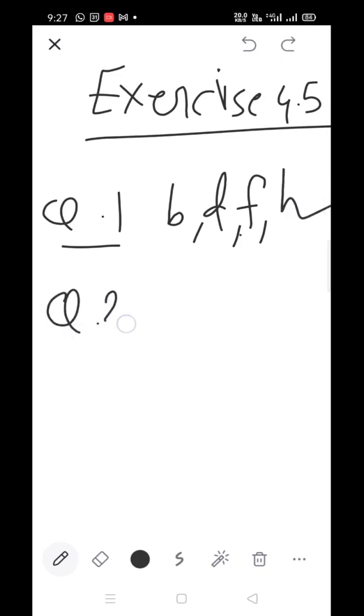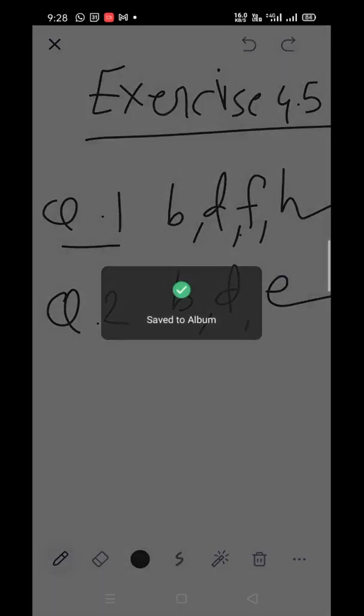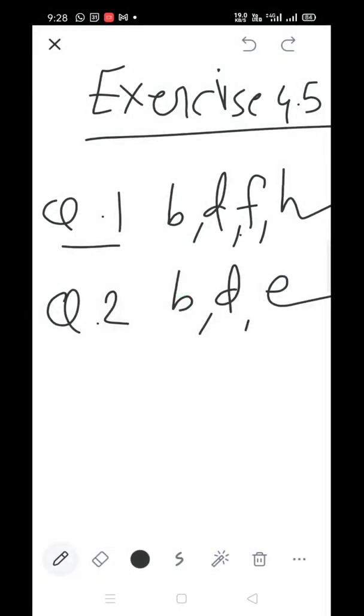In question number 2, B, D and E is your homework. Okay, so we are done with our class.